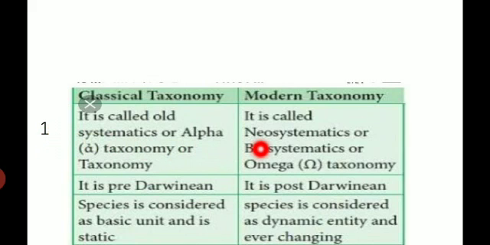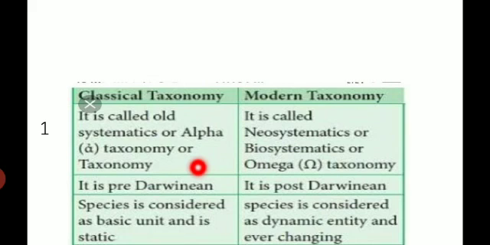Modern taxonomy is referred to as neo-systematics, biosystematics or omega taxonomy. The alpha taxonomy changed to omega taxonomy is called modern taxonomy.